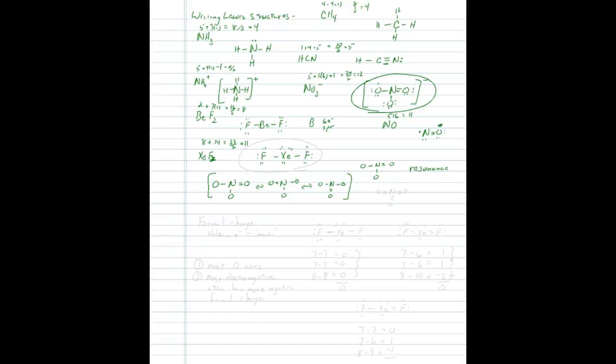A newer way of showing it is to show single bonds and then a dotted line. Now, you can't count the pairs on this like you do on the other ones, but it does represent, even more than the old style, that yes, we have more than a single bond but less than a double bond going on.